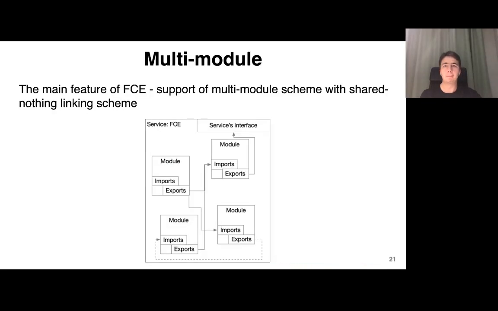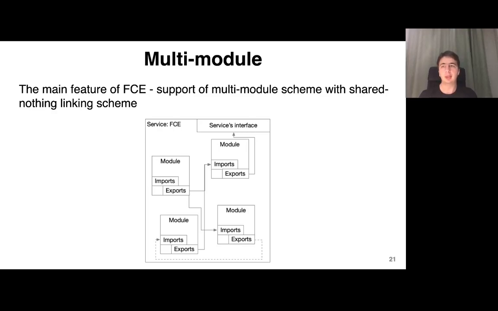So maybe the most important feature of FCE is the multi-module scheme with shared-nothing linking. Actually, there are two types of linking scheme in the WebAssembly world. The first is shared nothing, and the next is shared everything.